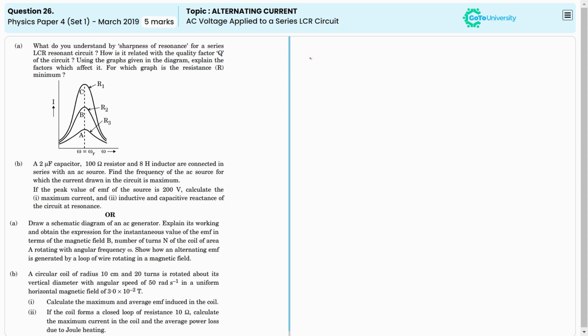Then omega naught L into 1 plus delta omega divided by omega naught, minus omega naught L divided by 1 plus delta omega divided by omega naught, is equal to R, where XL is equal to XC.